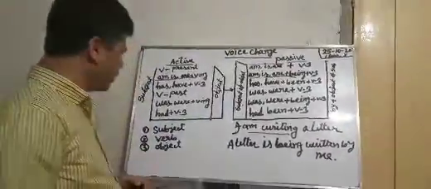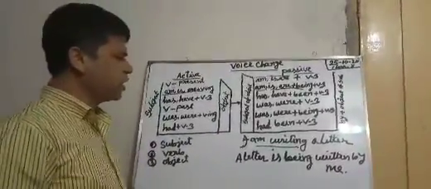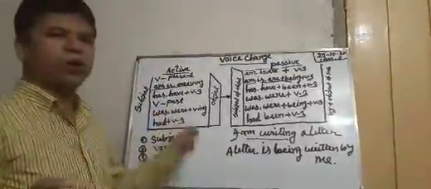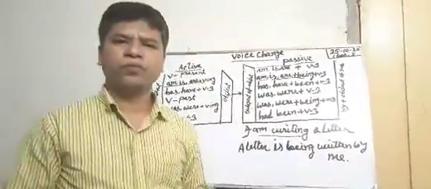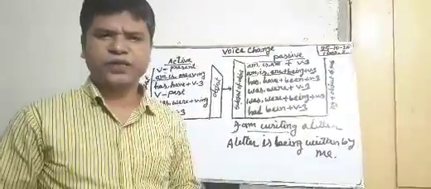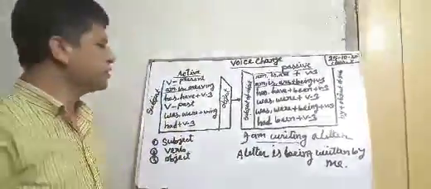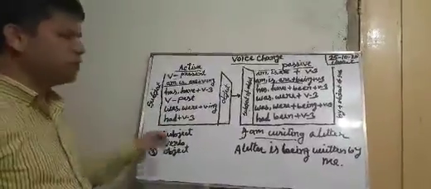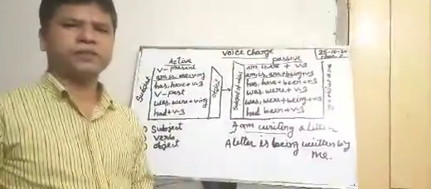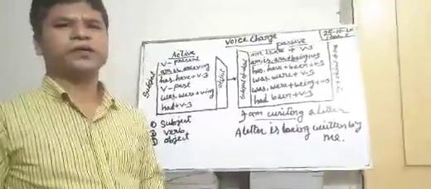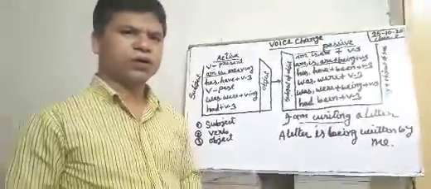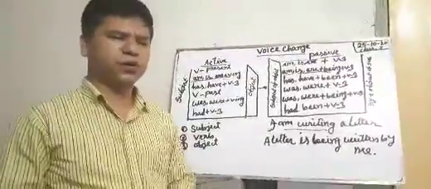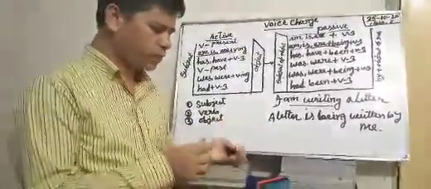Okay, I think you have got the point, and I hope you will be able to change all forms of active to passive according to the tense. Here the remaining tenses are also there: future indefinite, that means shall, shall be, shall have. All these follow the same rule. There is no difference. Okay?